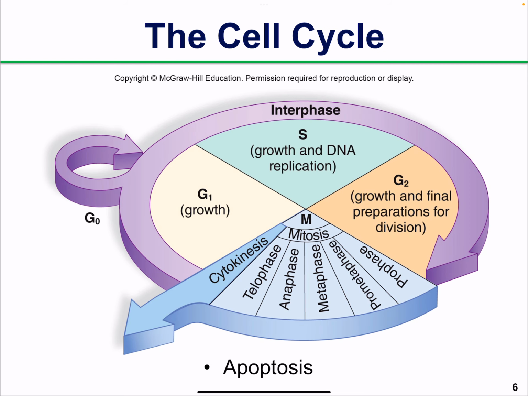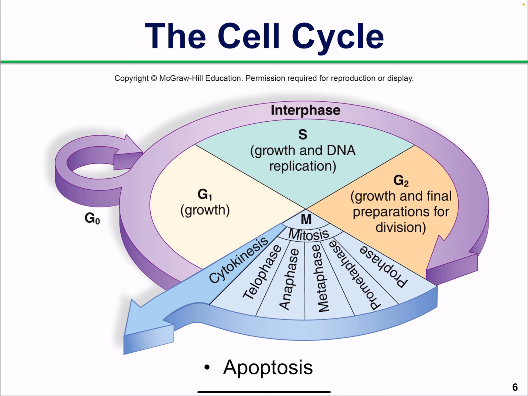All right, let's move on. The next step is going to be the cell cycle. The cell cycle is basically all the events that occur to a cell from the time it is developed to the time it produces 2 brand new cells.